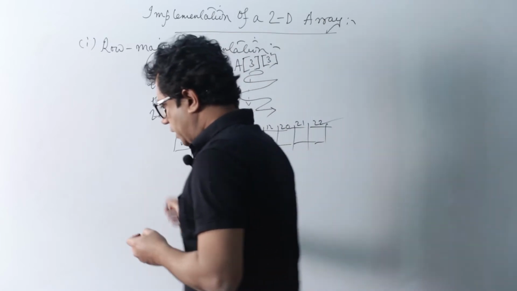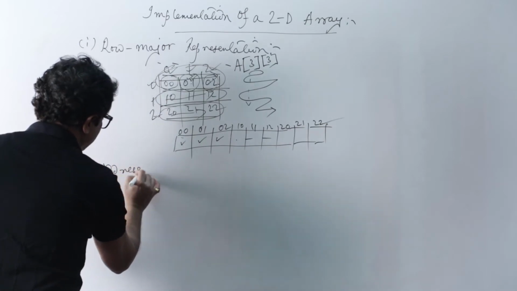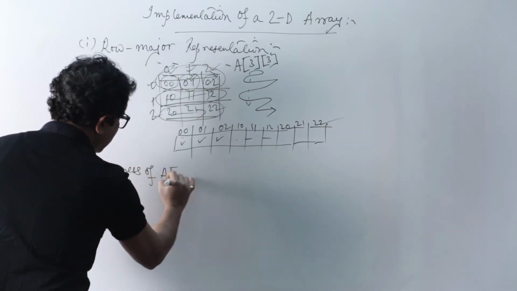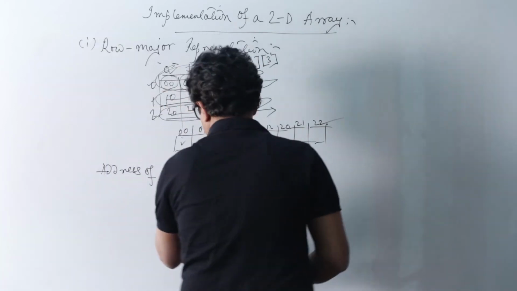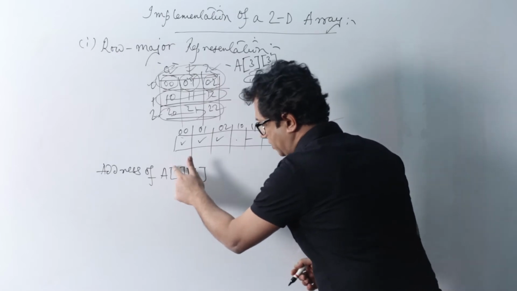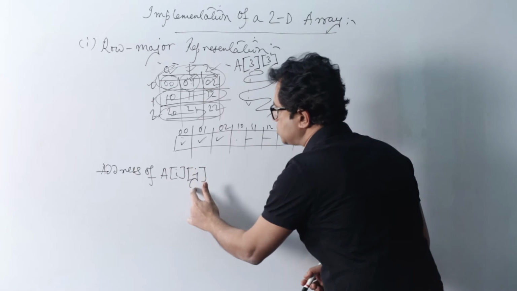And now we will see the address. I will write the address of Aij, that is any element having the row index as I and the column index as j.